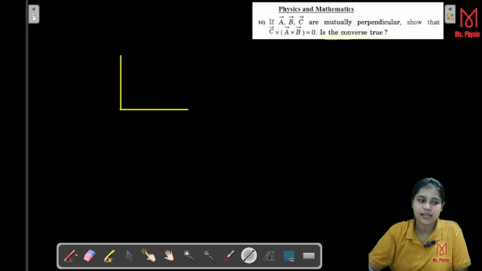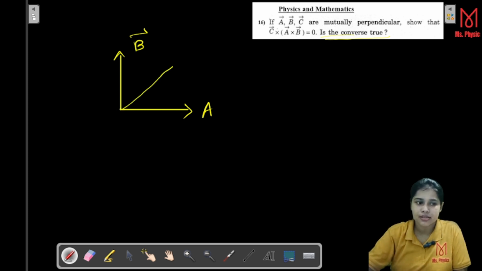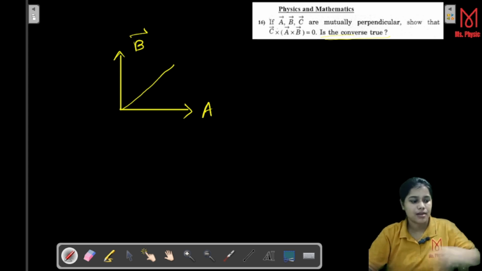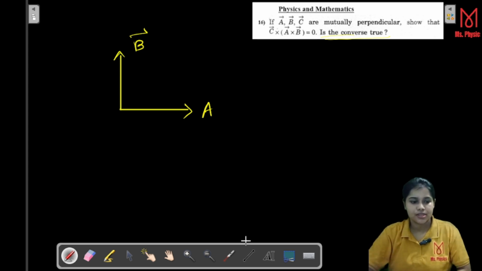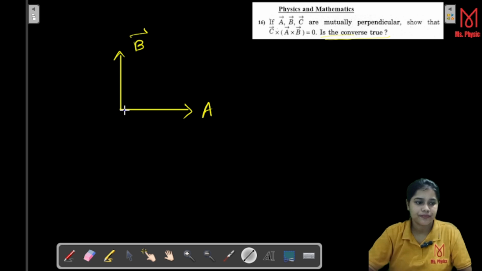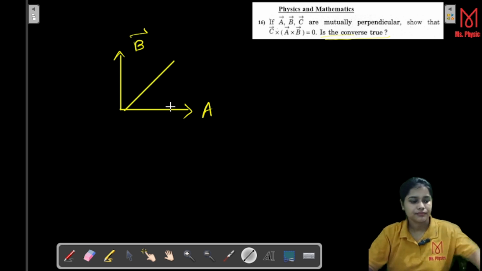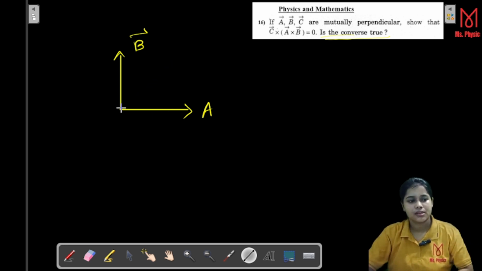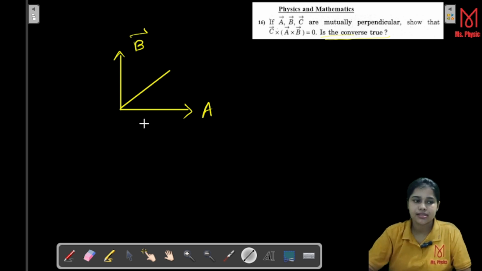Suppose this is your vector A and this is your vector B. And C is also mutually perpendicular. That means C is in the perpendicular direction, so along the Z direction, either in the positive Z direction or in the negative Z direction.